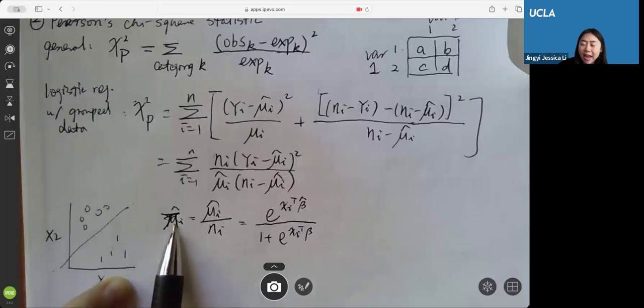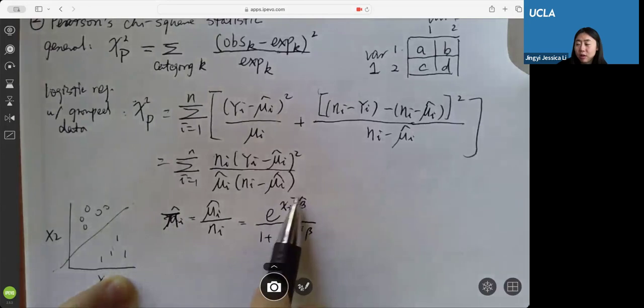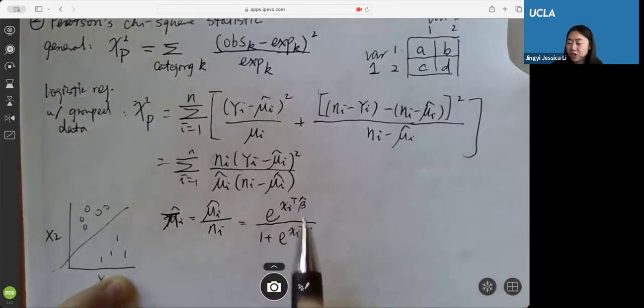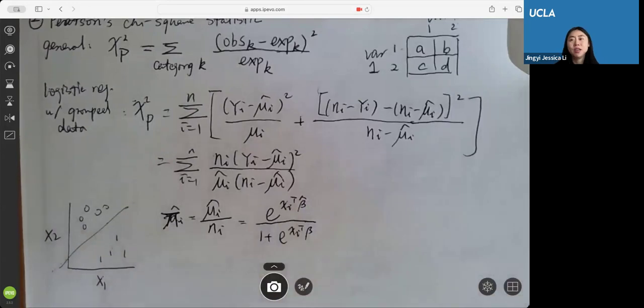If you have pi i hat exactly 0, it means what? The exponential function cannot be exactly 0. If it is, then beta has to give you some negative infinity value in the inner product, and that will be a problem. So you have some convergence issue there.